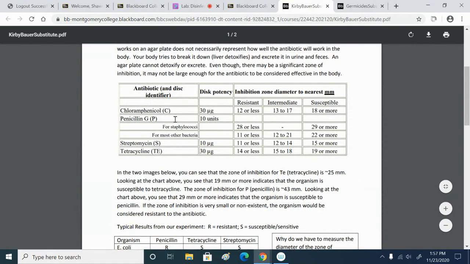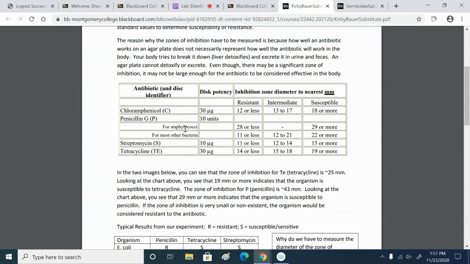And so for penicillin, it does make a difference what the organism is, but we've got 44, so it's definitely 29 or more, right? So it's a really huge zone. And that is also a clue your organism is going to be susceptible, right? So for the penicillin, it was like 44 millimeters, which is way bigger than 29. So our organism is very susceptible to penicillin.